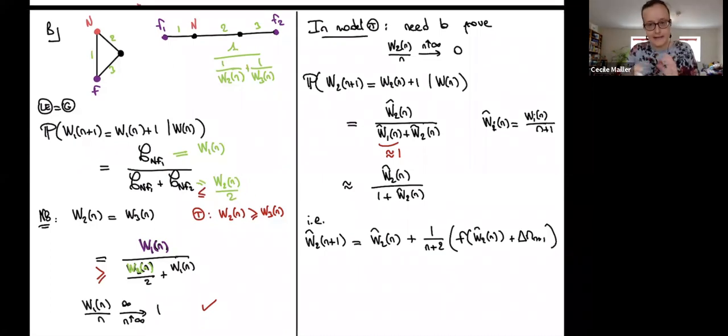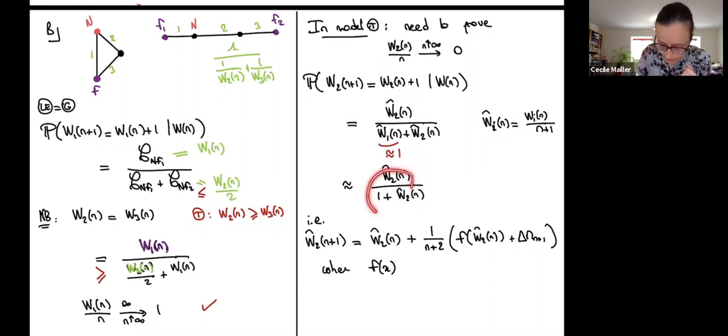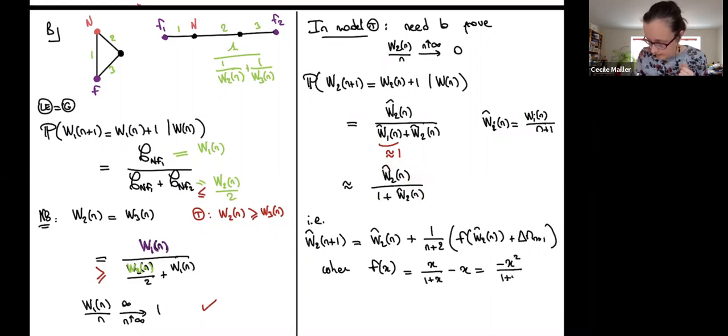So this is really straightforward from here. And in fact, the function f of x is just this function minus the identity. So it's x over 1 plus x minus x, which you can calculate is in fact equal to minus x squared divided by 1 plus x.